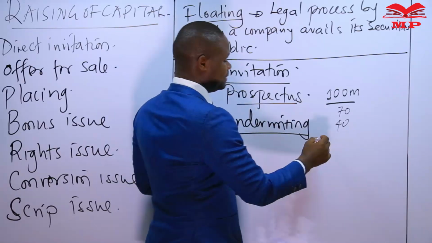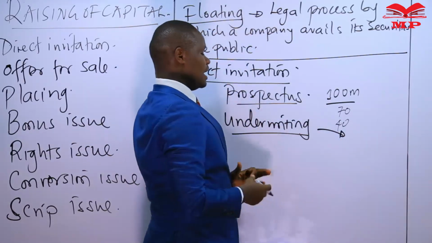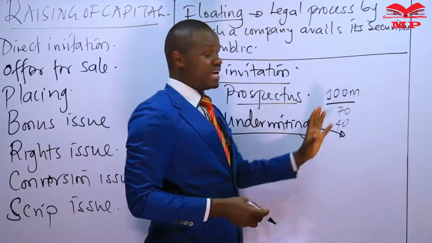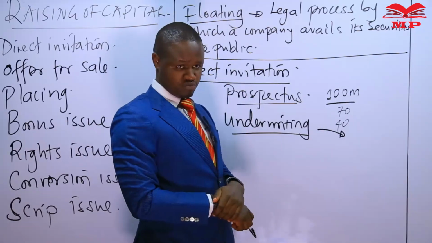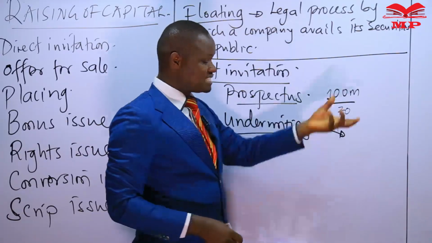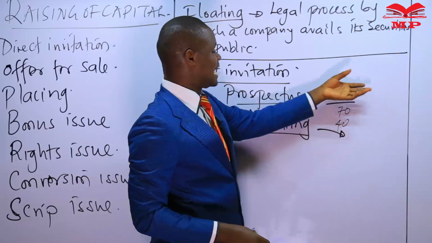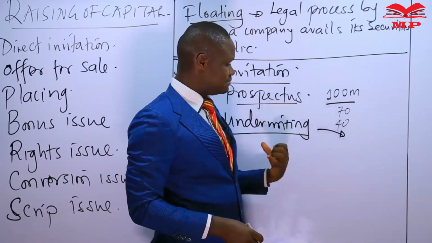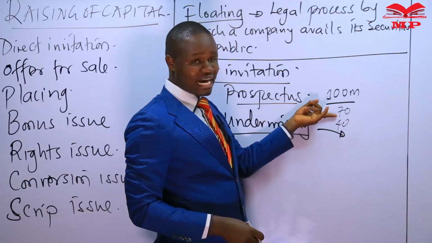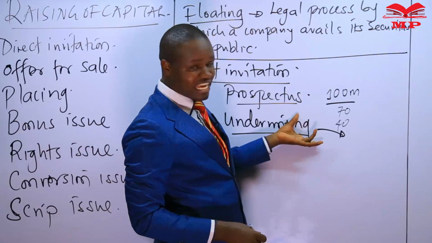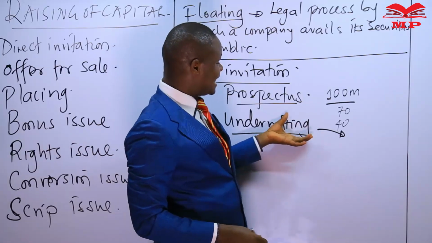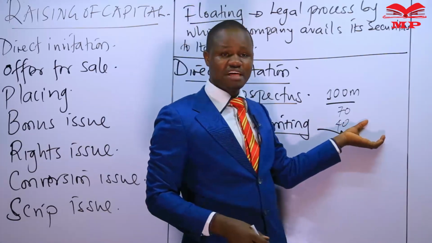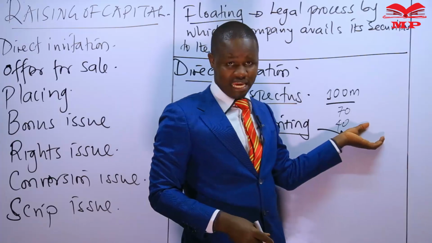Possibly they are saying, we will take up everything else that is not taken up in the issue. So if this company invites the members of the public to subscribe to share capital worth 100 million and the public only take up 70, the underwriting arrangement could be such that the underwriter is to take up the balance of 30 million that has not been taken up.